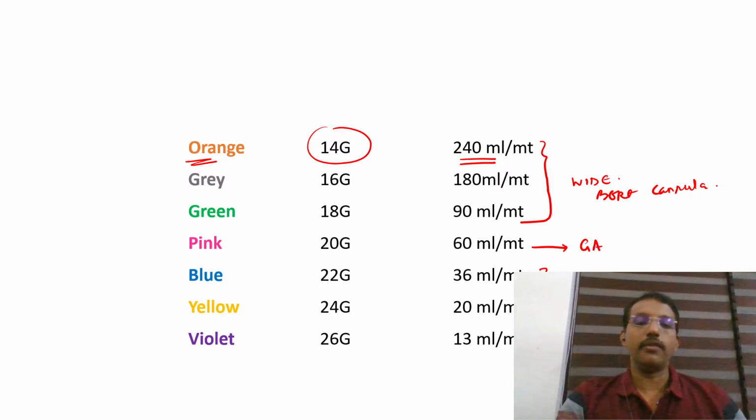Blue, yellow and violet are usually for pediatrics. Clear? So remember that. Whenever you want a transfusion, or a patient is in trauma, or you want to resuscitate, always go with a wide bore cannula, the first three.